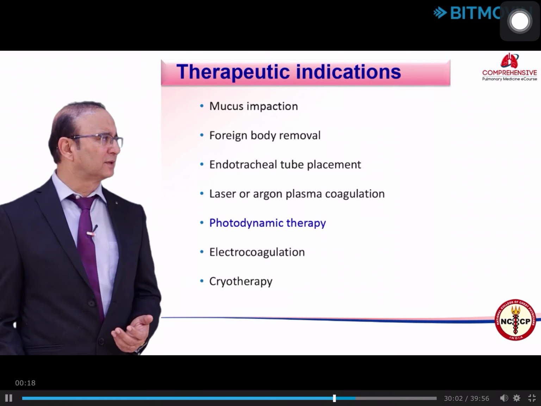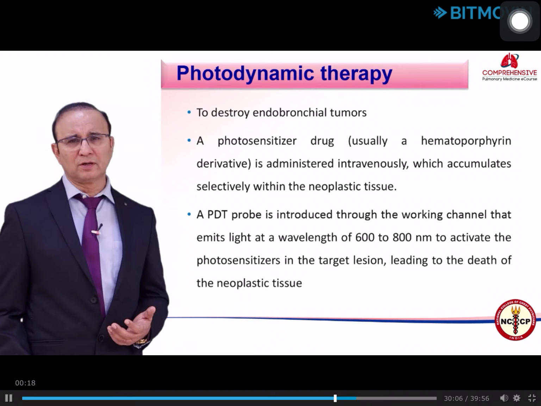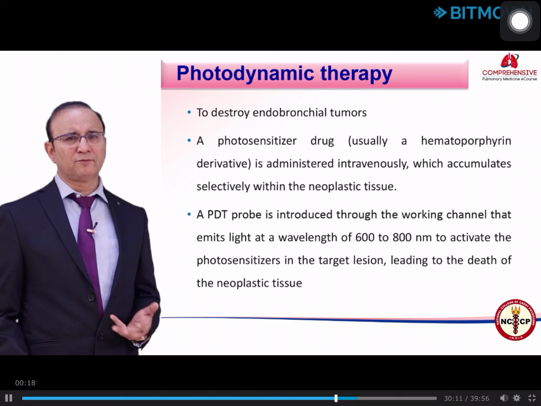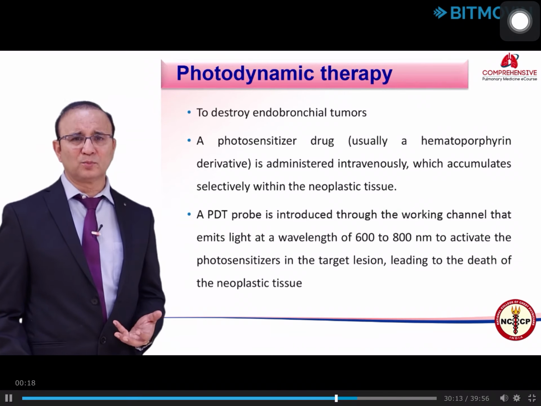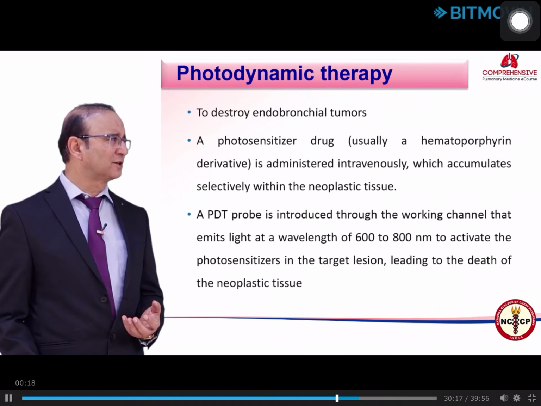Then photodynamic therapy. Photodynamic therapy is provided with a flexible bronchoscope to destroy endobronchial tumors. You give a photosensitizer drug called hematoporphyrin, which accumulates selectively in the neoplastic tissue.